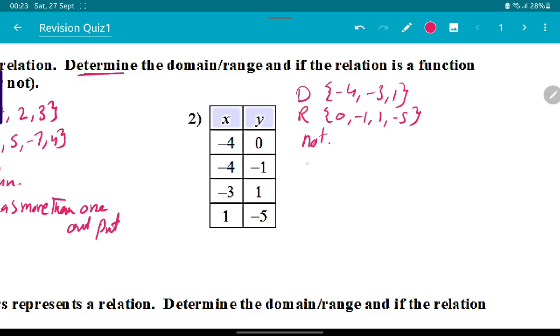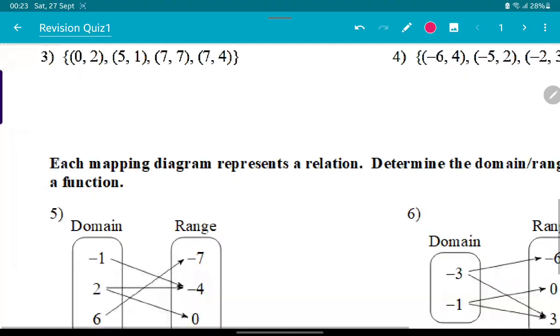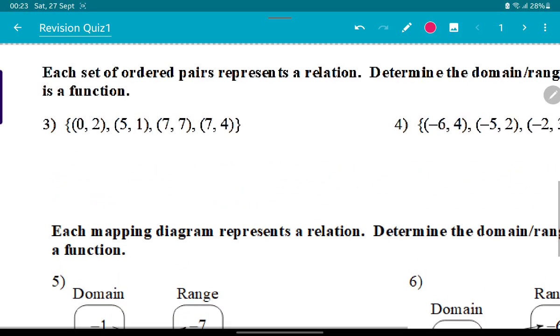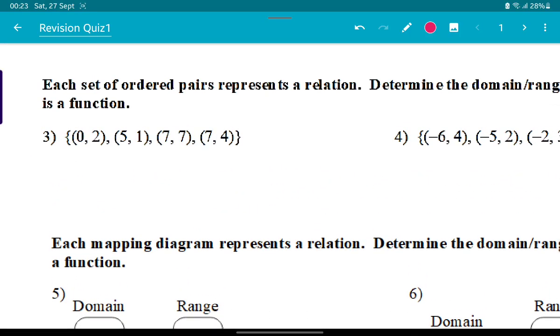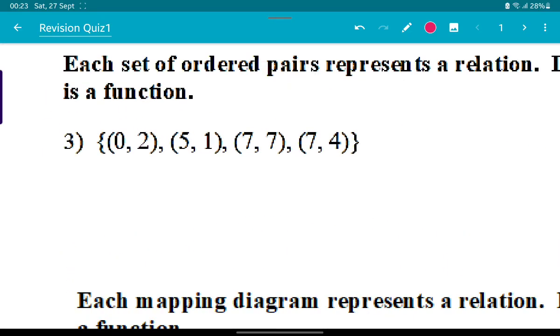But it's not a function because -4 has more than one output. You should mention this. We are trying to make this video very short but meaningful, so you concentrate with the words I'm saying, and also try to write the full answer.